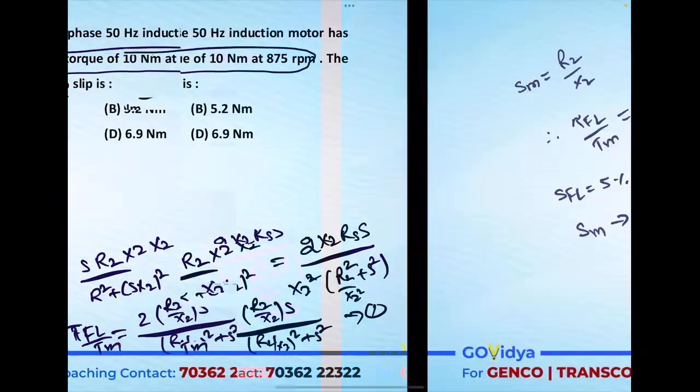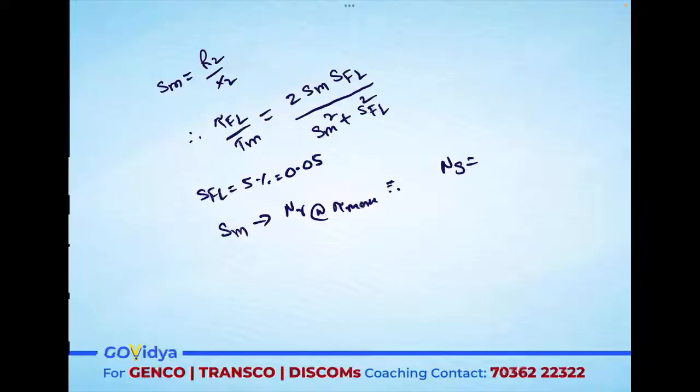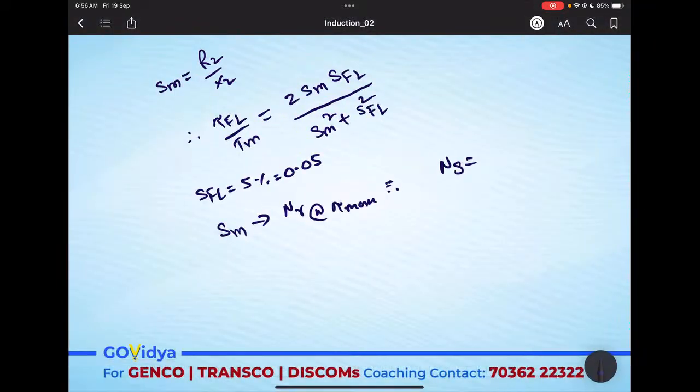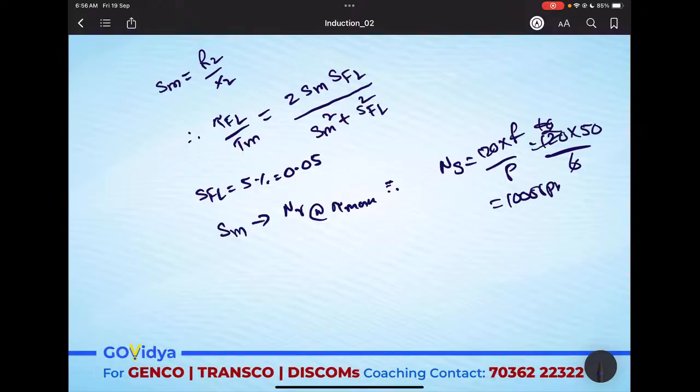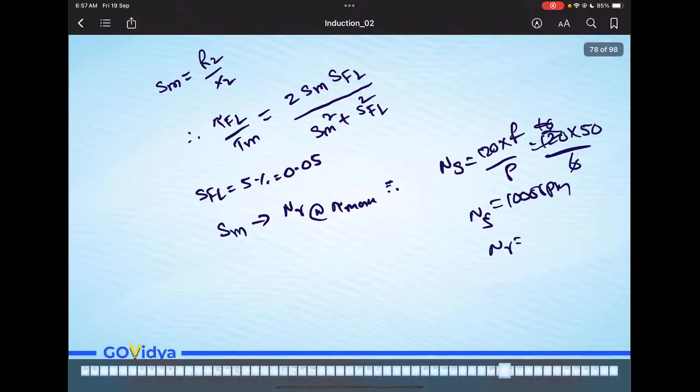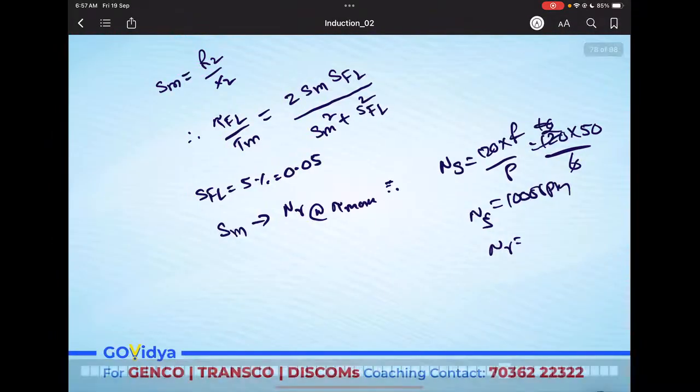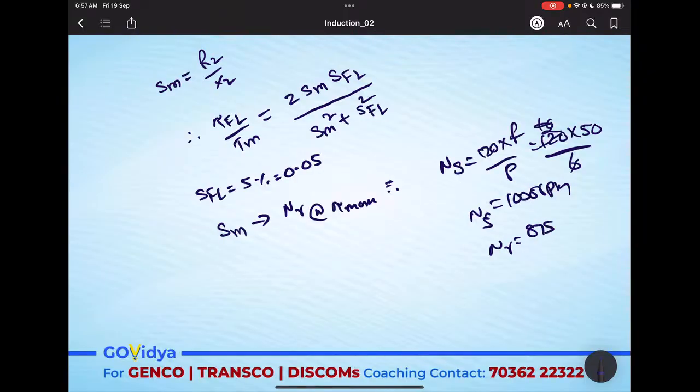Ns is 120 into F by P, that is 120 into 50 divided by 6, which will be 1000 RPM. So Ns is 1000 RPM, and NR given in the question is 875.